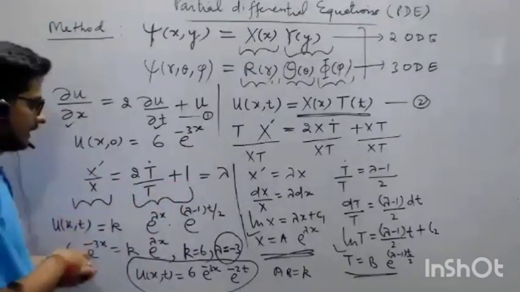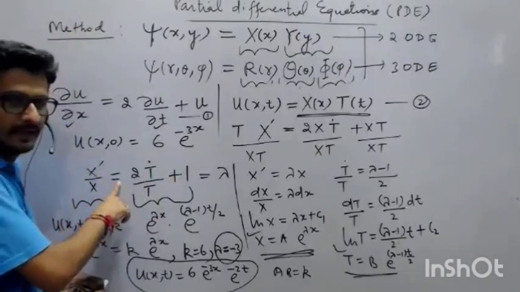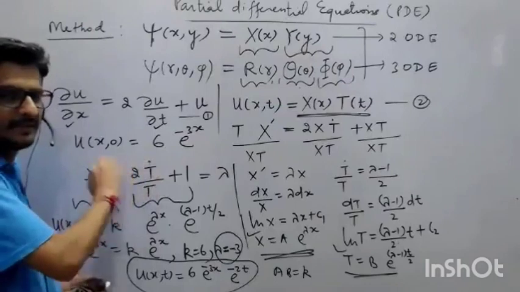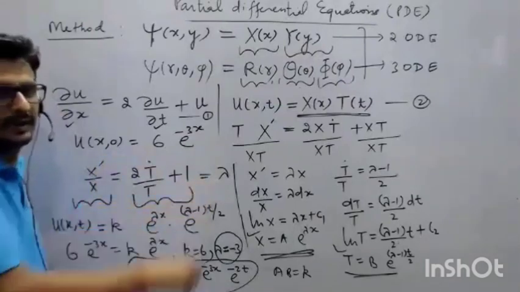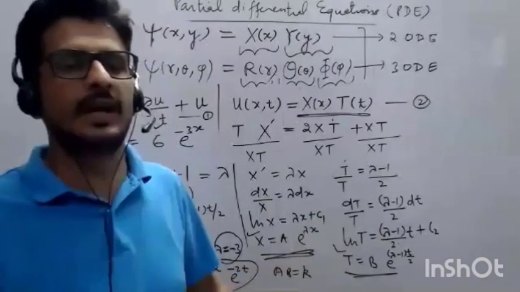So there are variations here and there are variations here and there is an equal to sign, and both are independent, they have nothing to do with each other. That means both can only be equal to a constant. I hope you understood this mathematical argument. This will be used again and again.